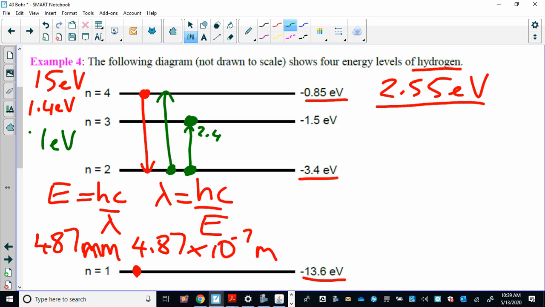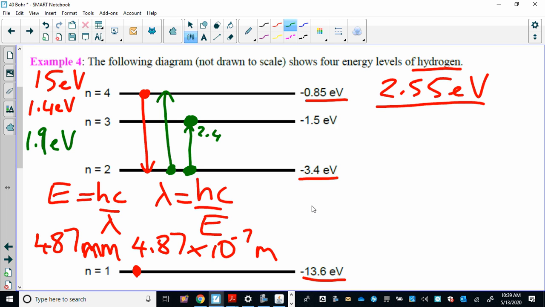You will need 1.1. 1.1 electron volts of energy will be absorbed by this electron, and it will move up to this level right here. That's not right. 1.1. What am I talking about? That's not the right math at all. It's going to be 3.4. 1.9.